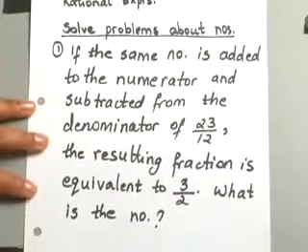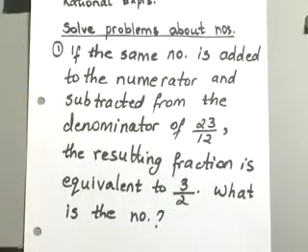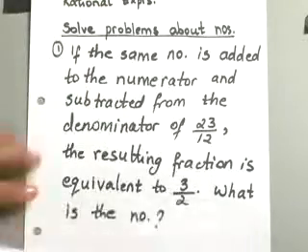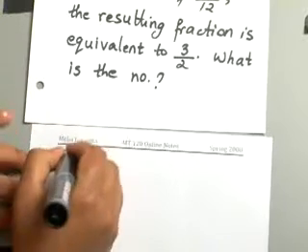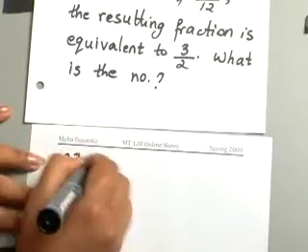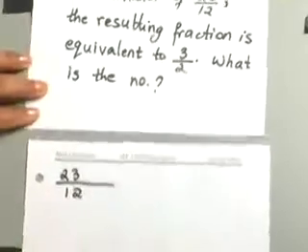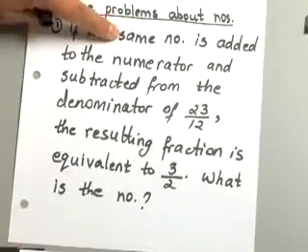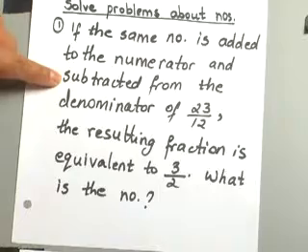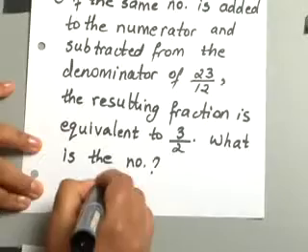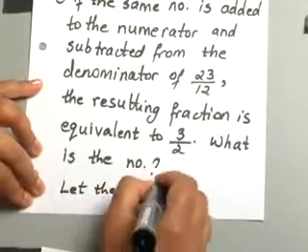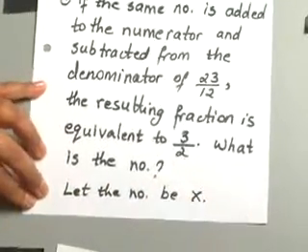Of course, the first thing is to set up an equation. If you're going to solve an equation, you have to set it up. You have the expression 23 over 12, and you are adding the same number to the numerator and subtracting the same number from the denominator. So let the number be x, because that's the unknown.